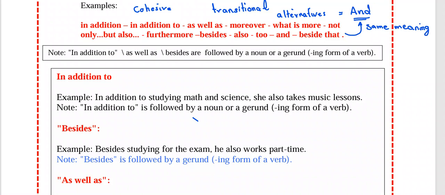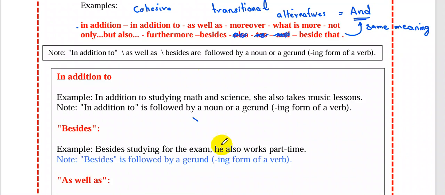In addition to, as well as, moreover, what is more, not only but also, furthermore, besides, and besides that. Avoid and, to, also.